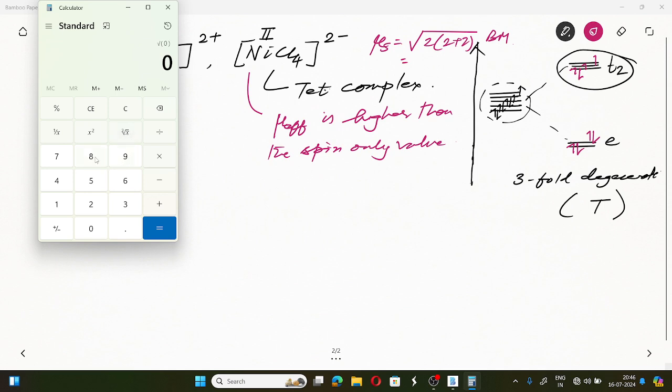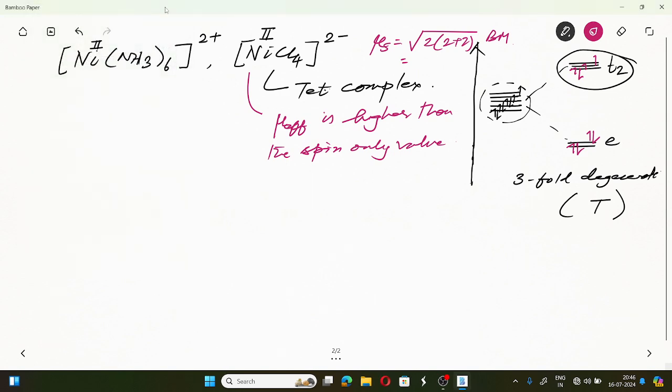Square root of 8 is 2.82, approximately 2.83. So the magnetic moment should be higher than the spin only value expected, isn't it?